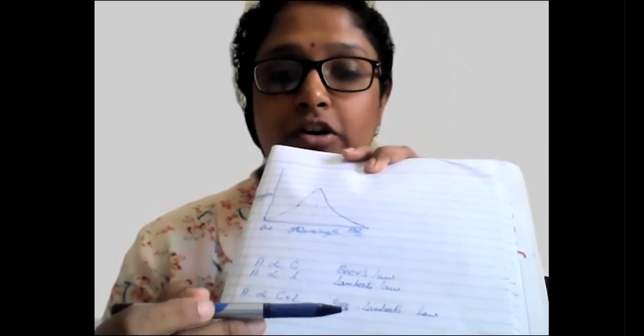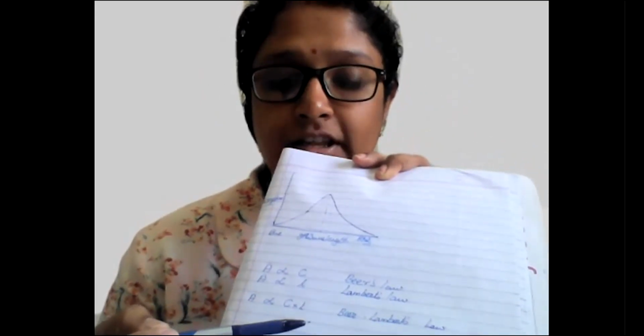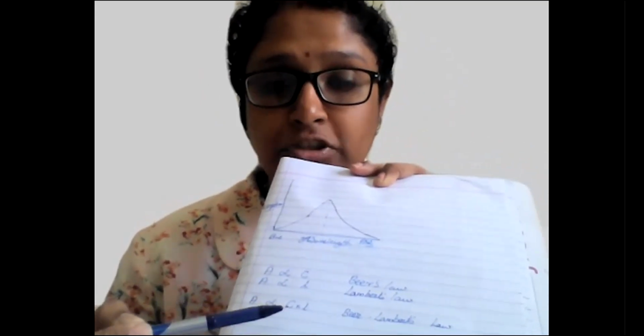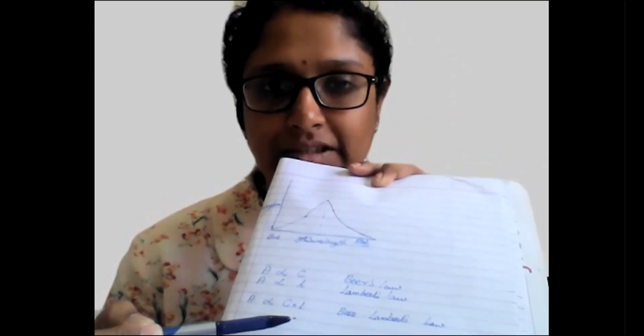Now you combine both of these together and absorption is proportional to C into L. This is the Beer-Lambert law, that absorption is proportional to concentration and path length. So both will be multiplied.